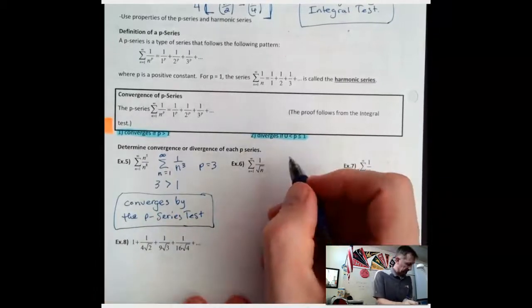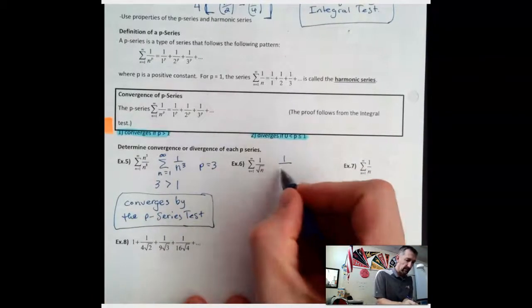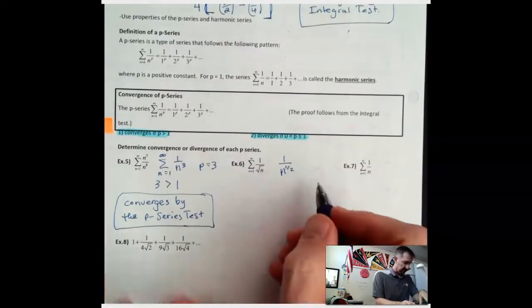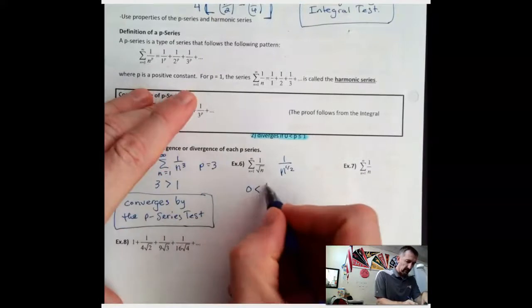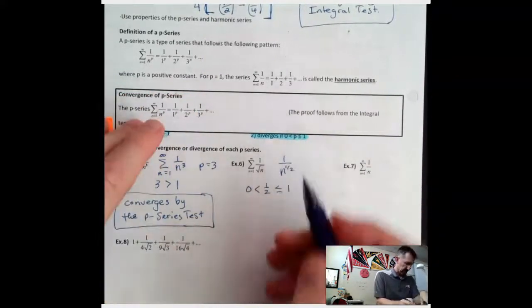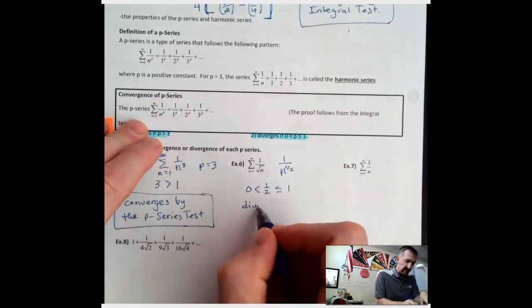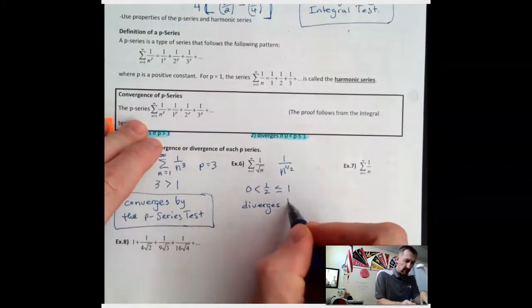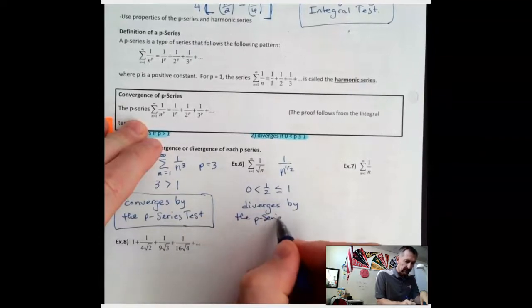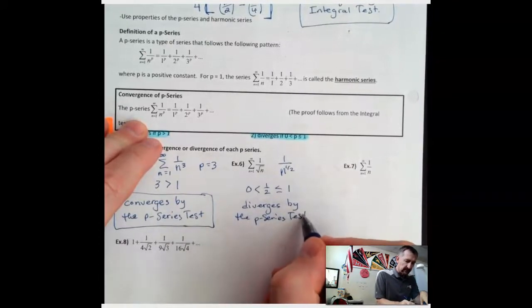Alright, so if we try that again, that's going to be 1 over n to the 1/2. And that's between 0 and 1, that's over here. So that diverges by the p-series test.